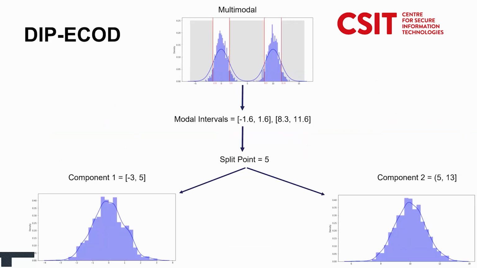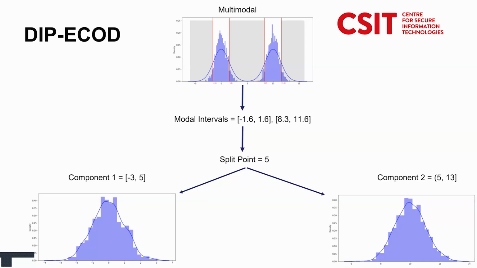So let me give you a quick example to help you understand our model better. First, let's say we have a data set which has a bimodal or multimodal distribution. Now, what we're going to do is find the modal intervals lying in those two areas.